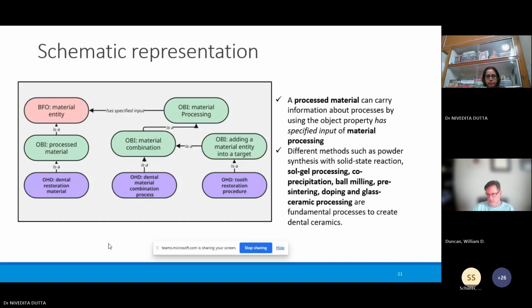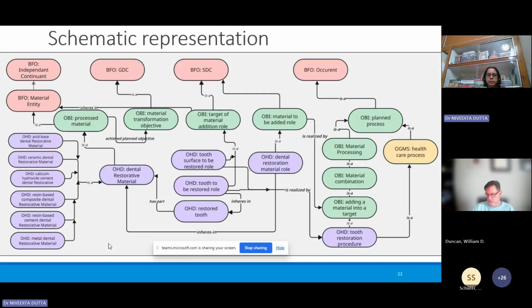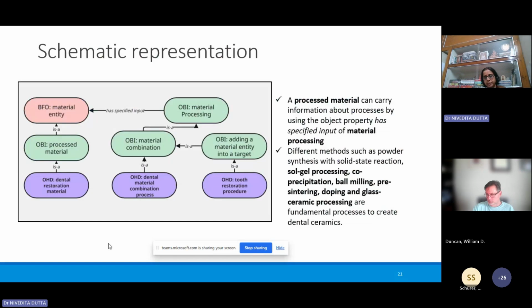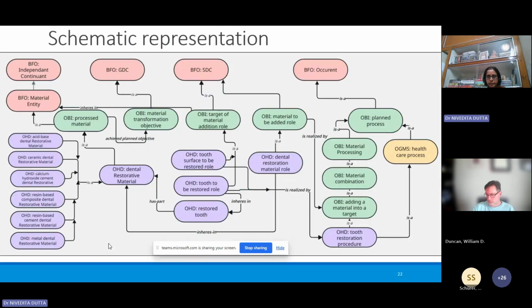So this representation helps to properly represent those details. This is the complete semantic representation of the OHT, the actual position of the dental restoration material and the other classes.